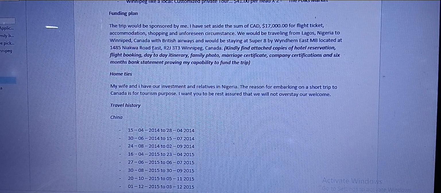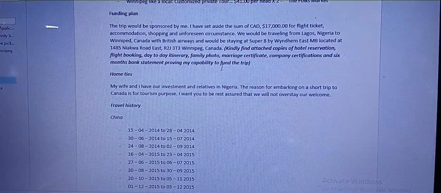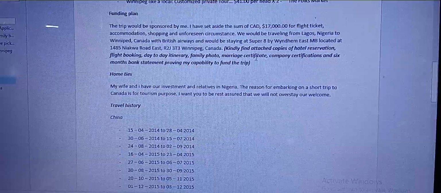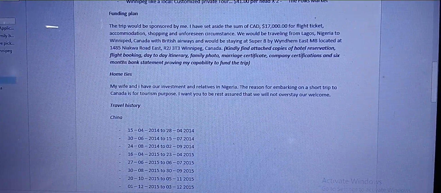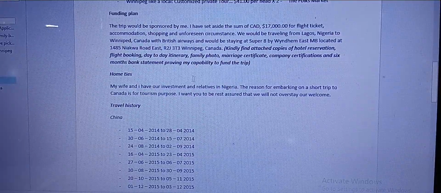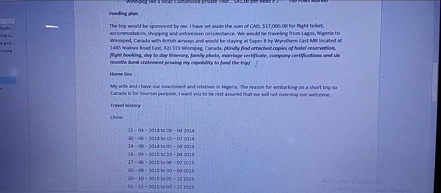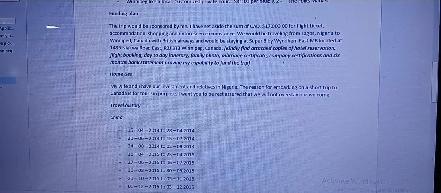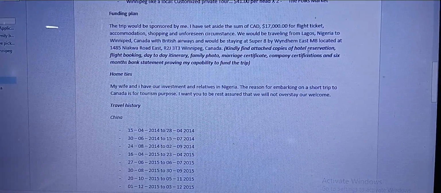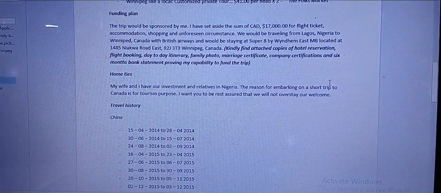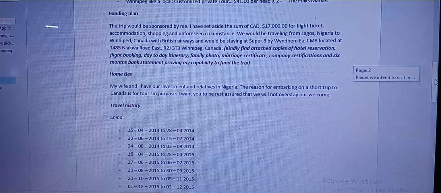You can see here that at the end, I highlighted the documents that are being attached to my application. So you can see here, kindly find attached documents. You let them know that those documents are being attached to your application.